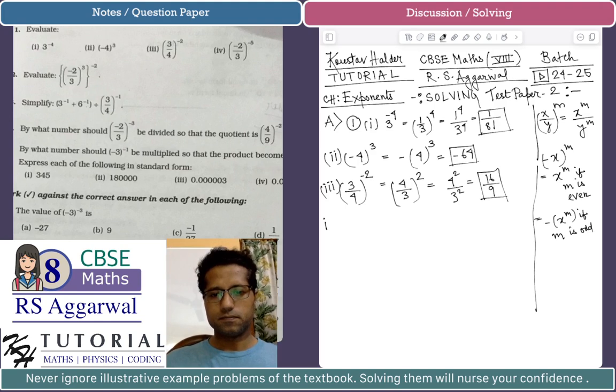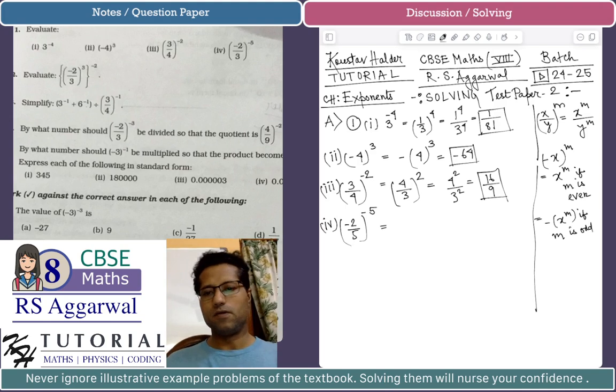Part 4 is minus 2 by 5 raised to the power minus 5. Here also the power is negative, so it will be equal to, take the reciprocal of the base. Base is minus 2 by 5. The reciprocal of minus 2 by 5 is 5 by minus 2 raised to the power 5.